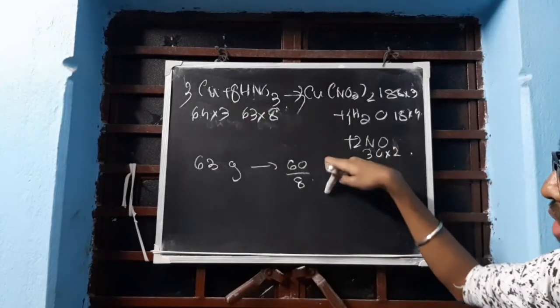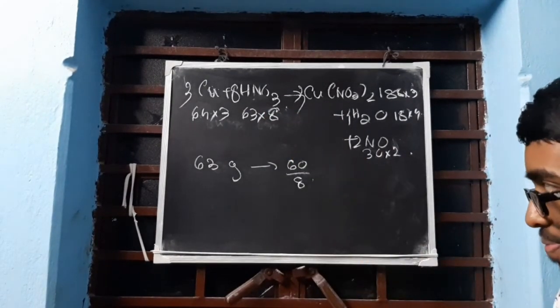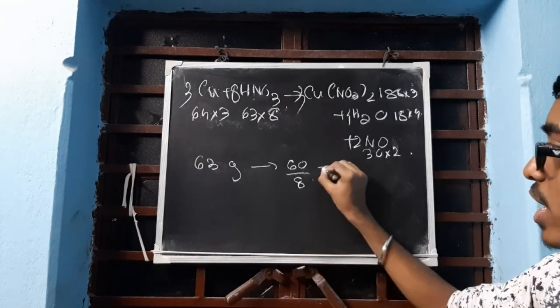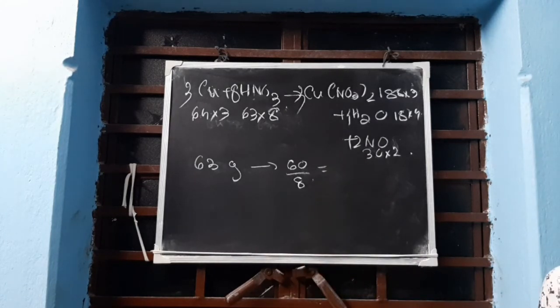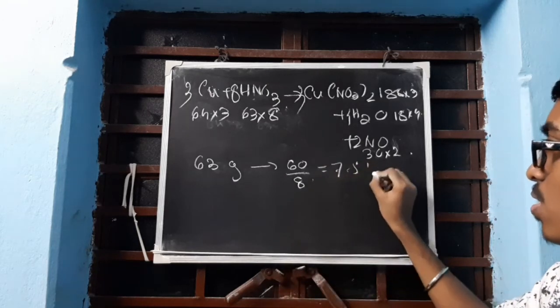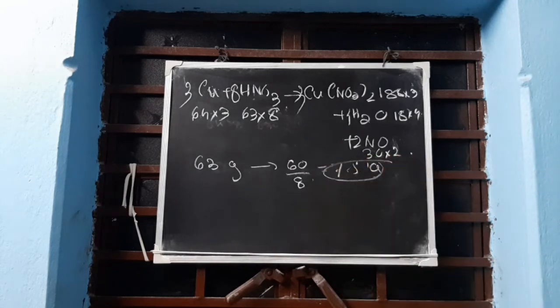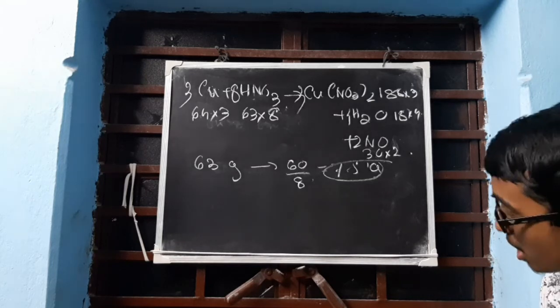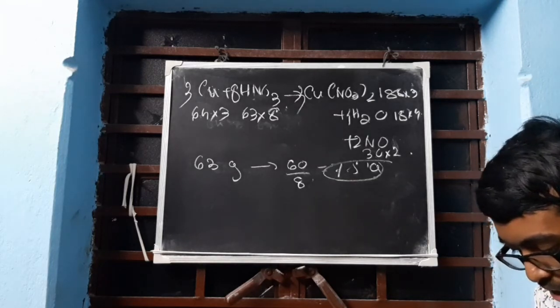Right? Correct? 60 divided by 8 gives you a value of 7.5 gram. So how much will be the volume occupied by 7.5 gram if 30 gram occupies 22.4 liter?